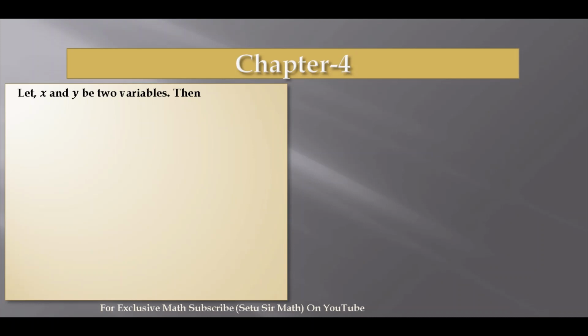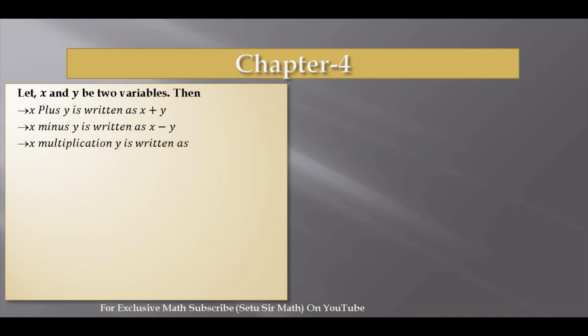Let x and y be two variables, then x plus y is written as x plus y. X minus y is written as x minus y. X multiplied by y is written as x times y or x dot y, or xy.